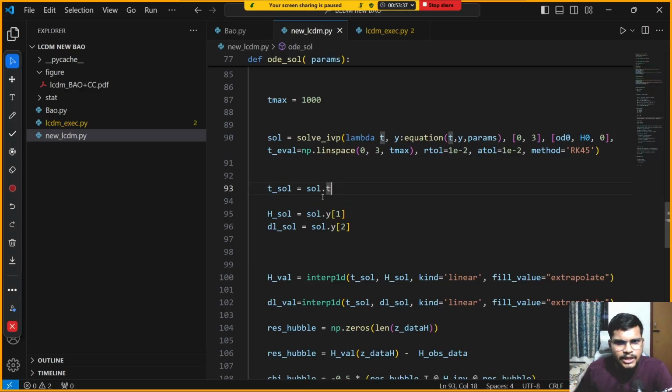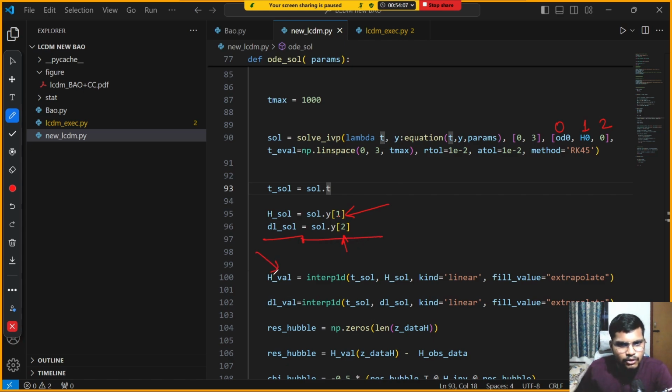T solution is equal to solution.t, right? First of all, I'm importing whatever the time solution is. Time solution is the free parameter solution. S solution corresponds to Y1 because you can see over here that I require S solution. I don't require OD0, the dynamic dark energy kind of solution, I don't want that. So this is the 0th place, this is the first place, this is the second place, Y2.